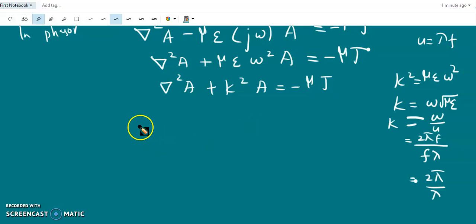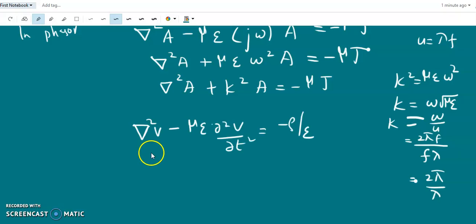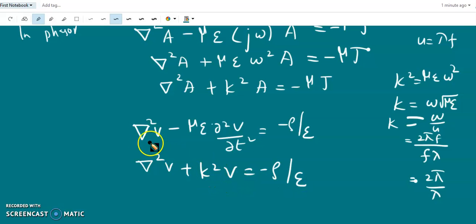Similarly, the non-homogeneous wave equation for scalar potential is given by del square V minus mu epsilon dou square V by dou t square is equal to minus rho by epsilon. So please get the corresponding time harmonic expression. This is an assignment for you. The corresponding time harmonic wave equation for the scalar potential is given by del square V plus K square V is equal to minus rho by epsilon, where K is the wave number.